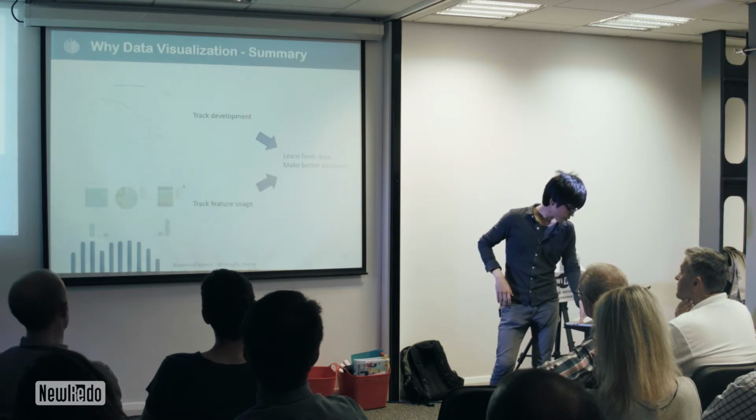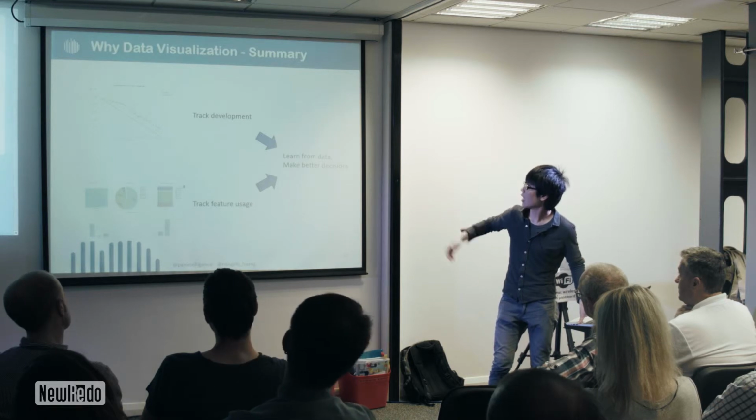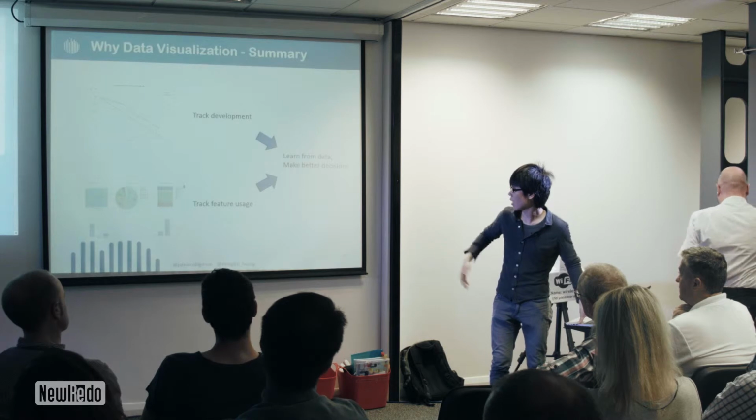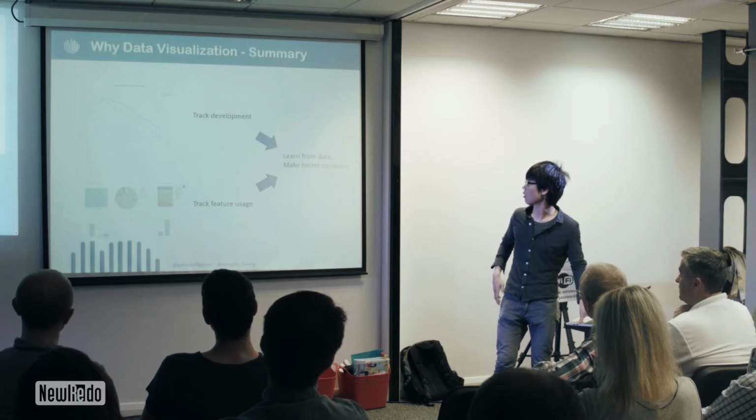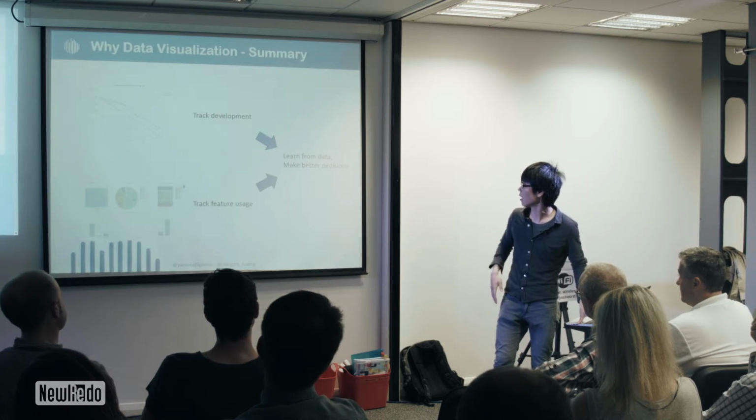Okay. So yeah, as a small summary in here, we can use data visualization to track development and then track feature usage as well. Okay, so ultimately, it's just helping us to learn from data and help us to make better decisions. Okay. So how do we improve data visualization then?